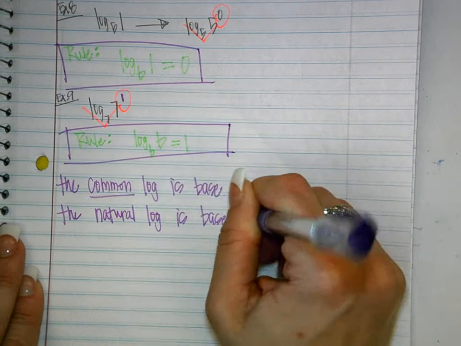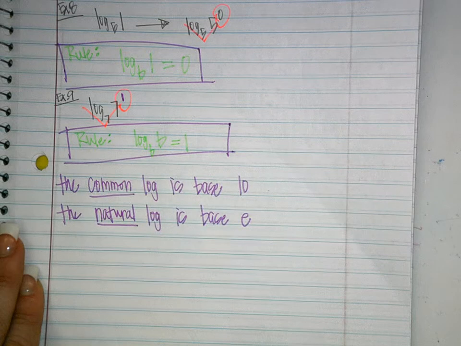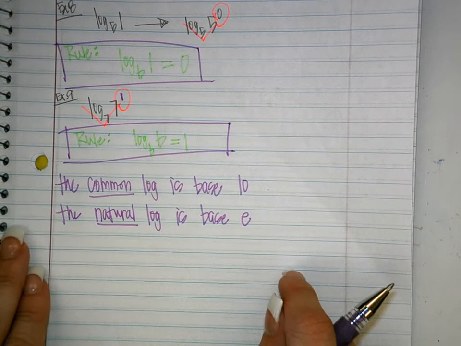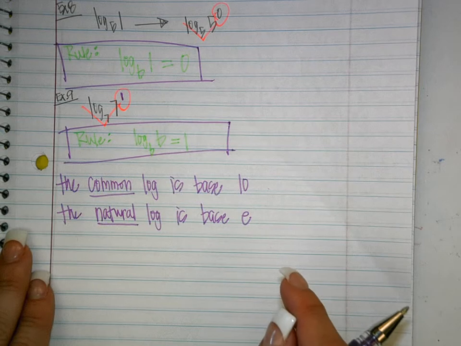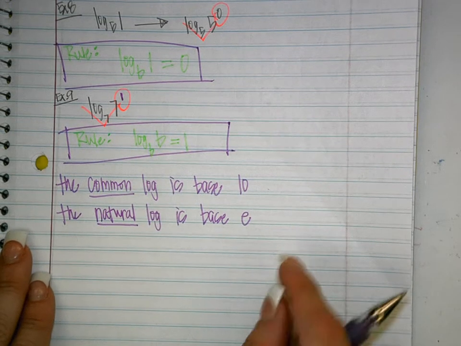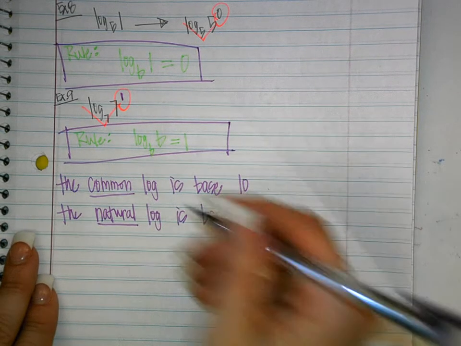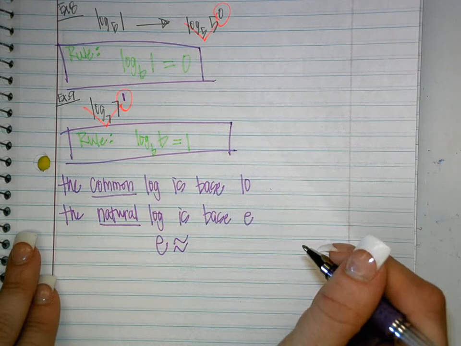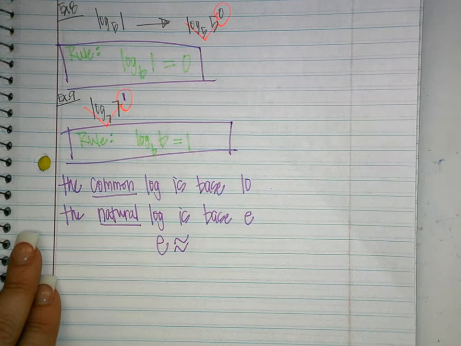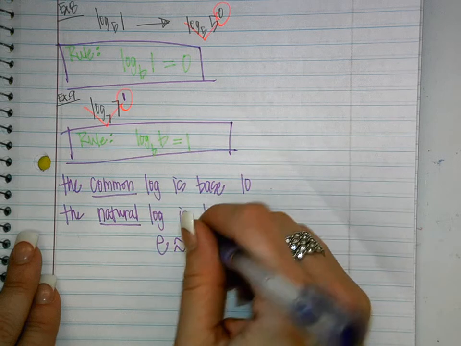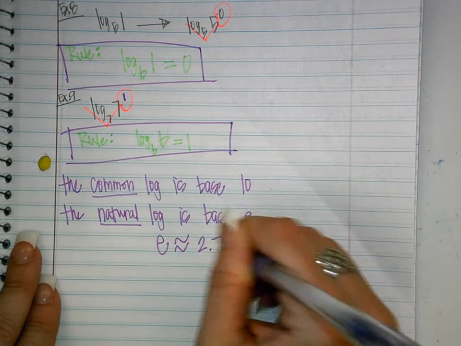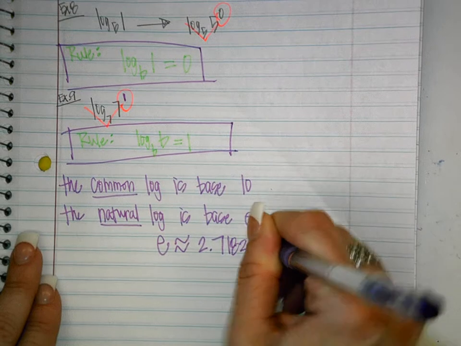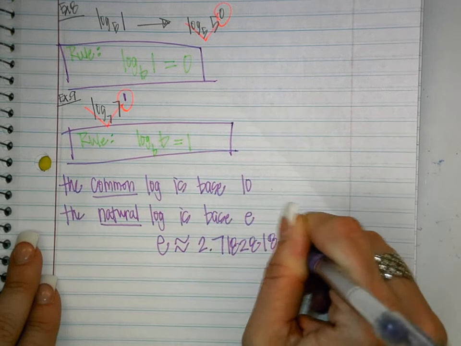Okay, and I have a degree in business. Whether or not you like it, if you have any desire to go into any sort of business, you will have to deal with logs. Okay, and you will have to deal with something called base e. You need to know that e is kind of like pi. Okay, it's one that never actually ends, but e is approximately 2.718281828, and it keeps going.